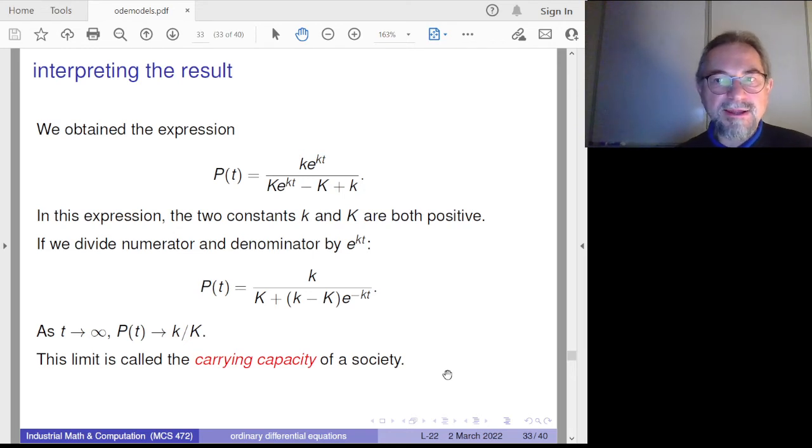The little k is from the little people that come in, the births. The capital K comes from the big people who leave. So the births and the deaths.